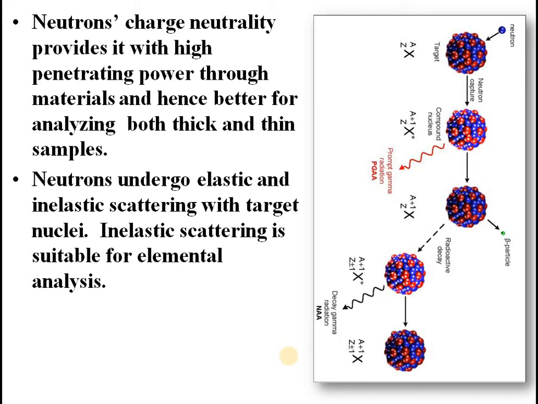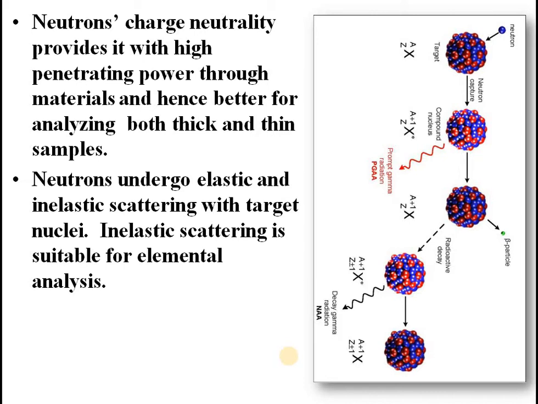Neutrons undergo elastic and inelastic collisions in the targets, and here inelastic scattering is suitable for chemical analysis. If the scattering or collision is elastic, then no energy transfer takes place, so the target nuclei do not undergo any change or instability. So we always prefer inelastic scattering. In inelastic scattering, a part of the energy of the neutron may get absorbed, or the neutron itself may get embedded, which we call neutron capture, by which the nucleus accepts the incident neutron.